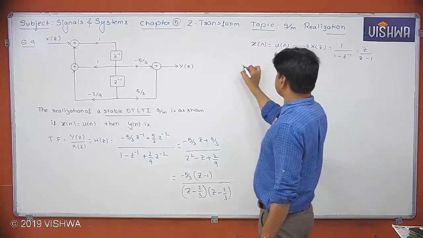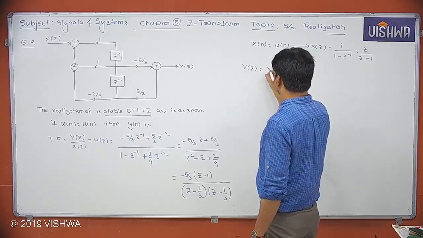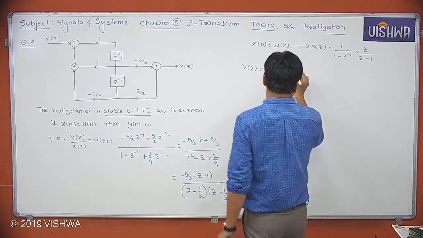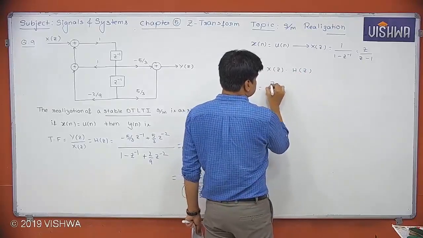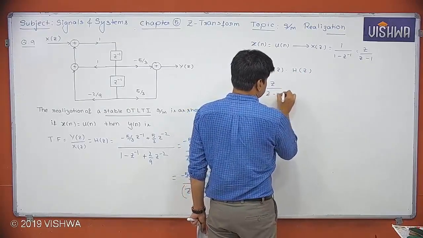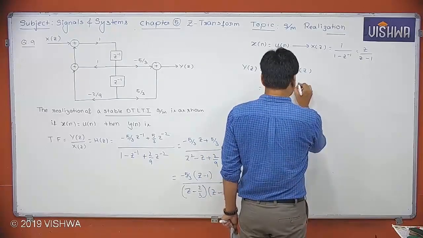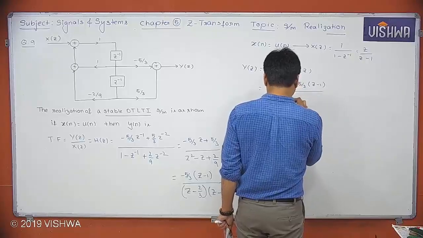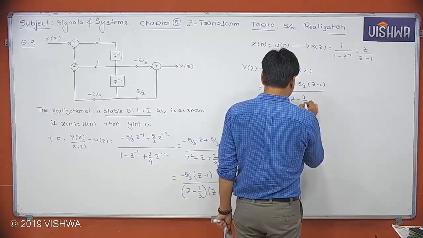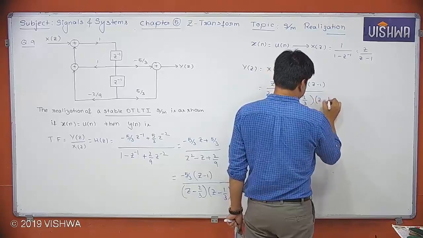So what is Y of z? Y of z is equal to X of z multiplied with H of z. X of z, that is z by z minus 1, multiplied with H of z, minus 5 by 3 into z minus 1 by z minus 2 by 3, z minus 1 by 3.